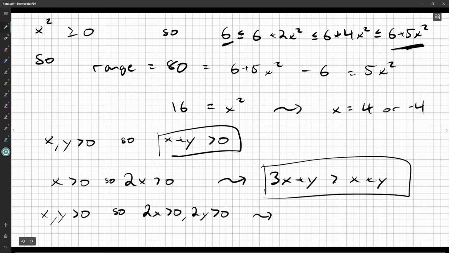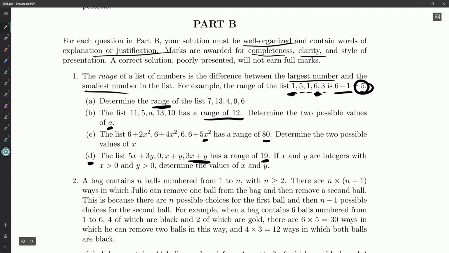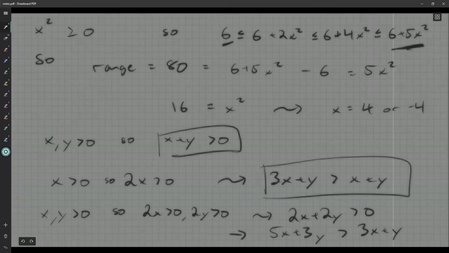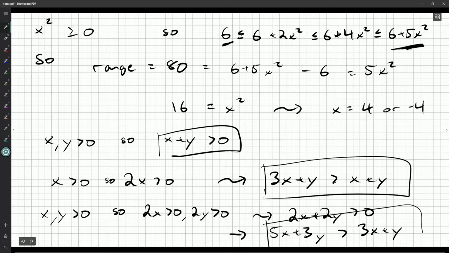So if I add 2x and 2y to both sides, I get that 5x plus 3y is greater than 3x plus y. And that's what we wanted. Okay, good. So that's the last one.